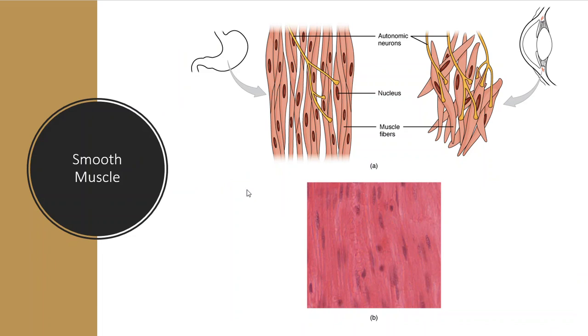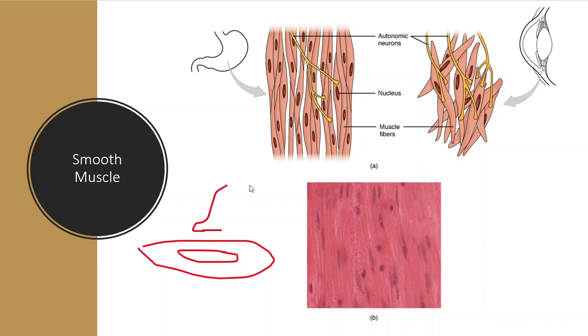Smooth muscle. Smooth muscle is world champion when it comes to being able to be fatigue resistant. These guys can hold on for a while. They're different. They're kind of fusiform shape, which is kind of like that. Have kind of cigar-shaped nuclei. These guys have nerves kind of come in like that, but they don't have a motor end plate per se.